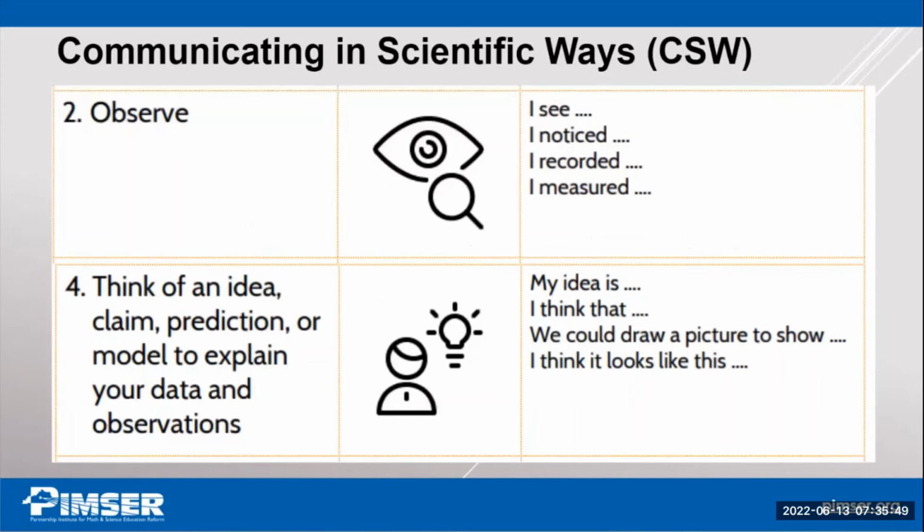Other possible choices are CSW number 2, observe, or CSW number 4, think of an idea, claim, prediction, or model to explain your data and observations. The STEM set we use is dependent on the purpose of the conversation.